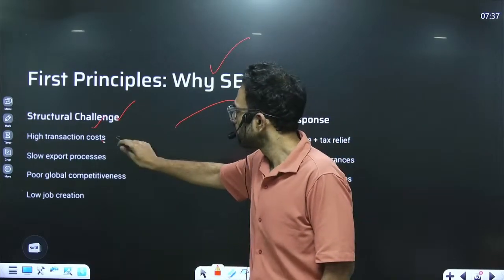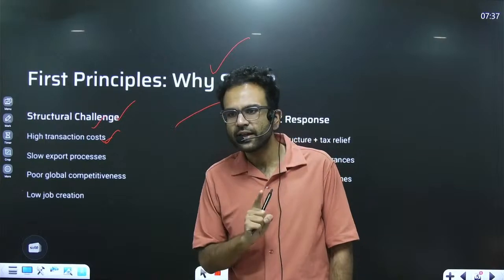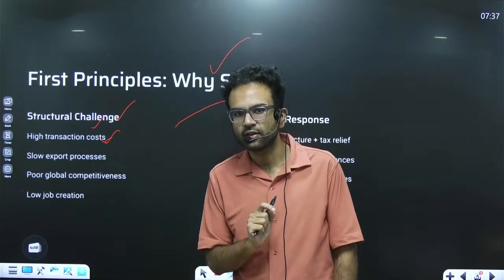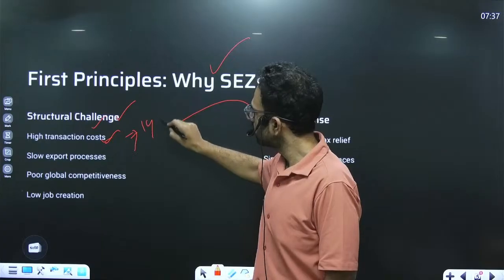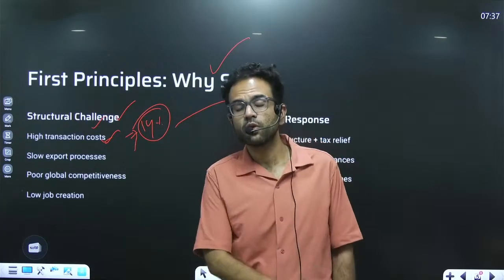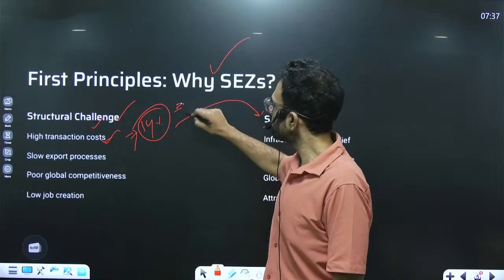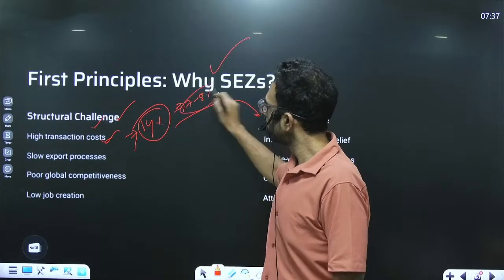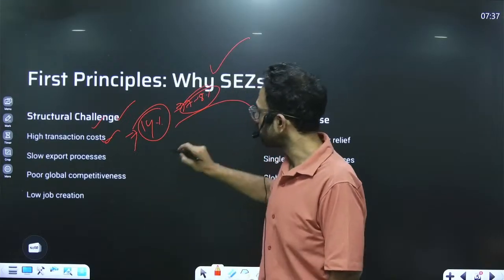Firstly, the transaction costs are very high. The other day when we were discussing the logistics sector, we discussed that India's logistics cost is almost 14% of our GDP, compared to developed nations where it was just 7 to 8%. So it's almost double. On top of this, corruption.